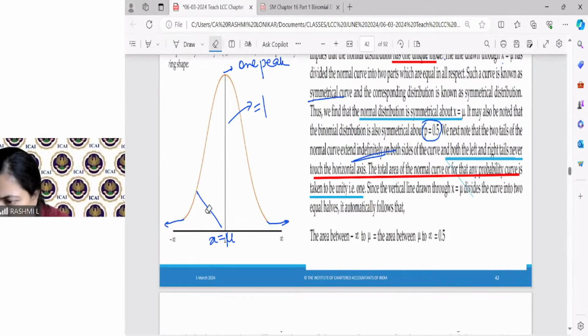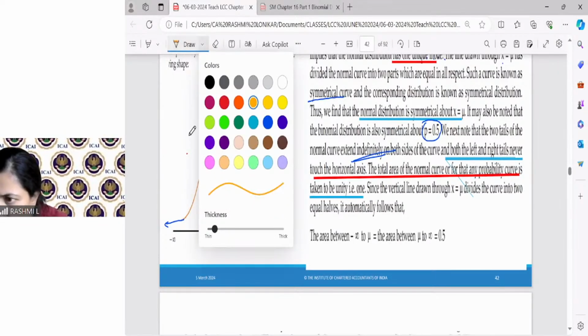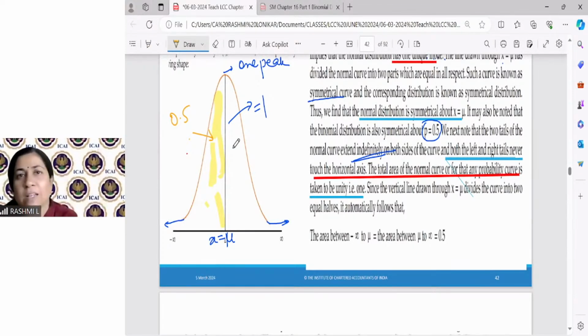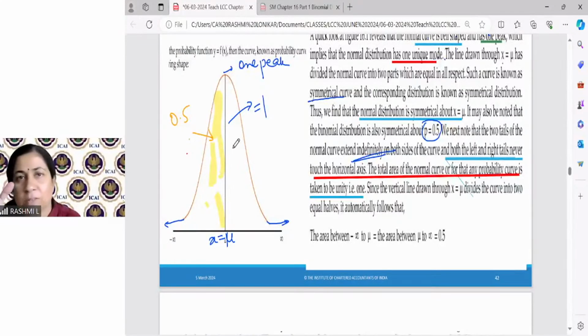This whole thing is 1. लेकिन if I take only this portion, ये वाला हाफ है ना, ये अगर मैं लेती हूँ तो this is equal to how much? This is equal to 0.5. ओके. ऑब्वियसली पूरा जो एरिया अंडर द कर्व है वो 1 है, और वो भी सिमेट्रिक कर्व है, उसको हाफ किया तो it will be 0.5. Is that clear? Yes, 50-50 exactly, Anuj.